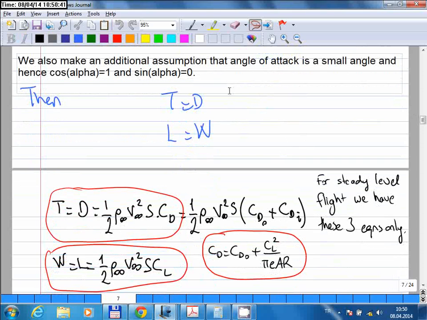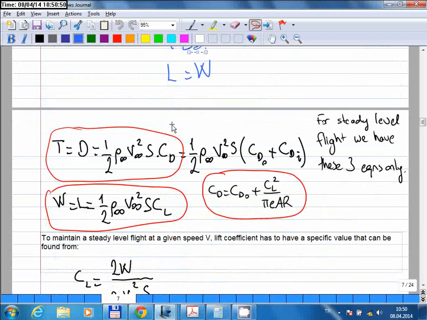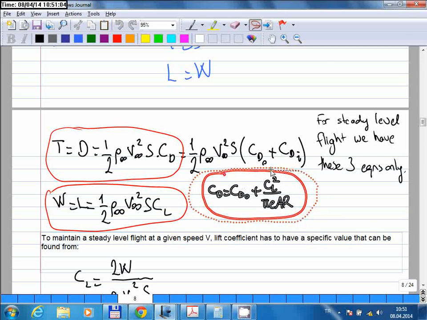And then after that, there are two aerodynamic forces here, the lift force and the drag force. If you write the drag and lift equations, you can connect these two equations using this relation, which we call the drag polar equation.